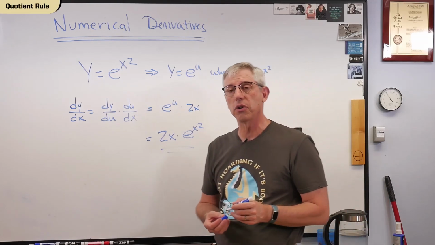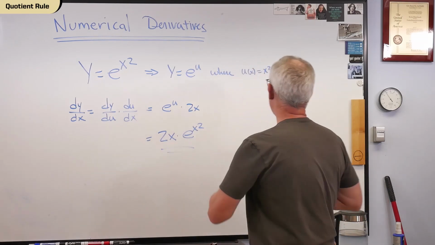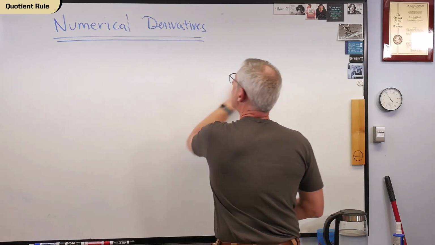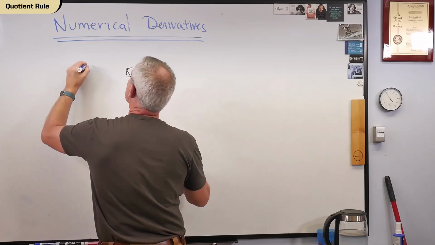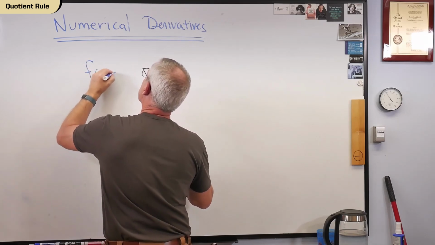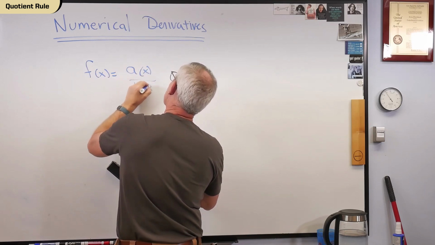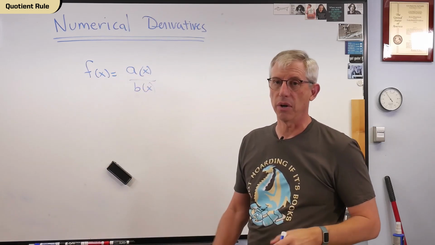Now there's another one called the quotient rule. And the quotient rule is just what it sounds like. What if you have a function, what if f of x equals a of x over b of x? Also happens all the time.